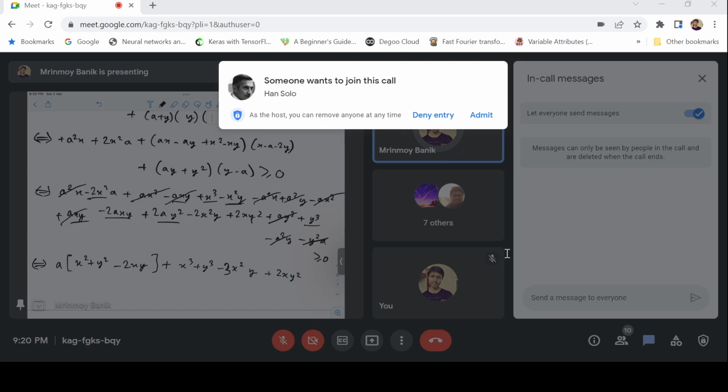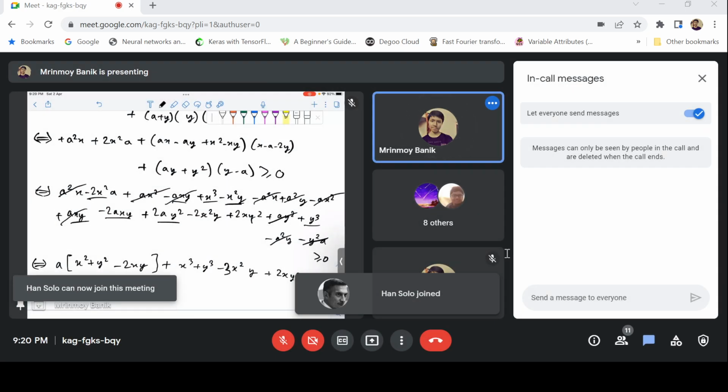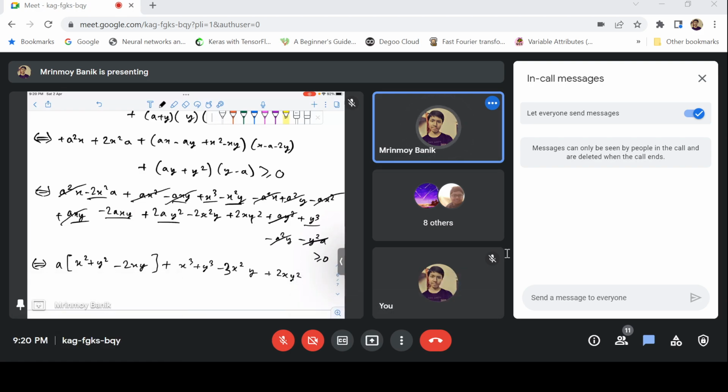We should actually have another xy squared. Xy squared, yeah. Even if we don't have it, let's settle for without one.